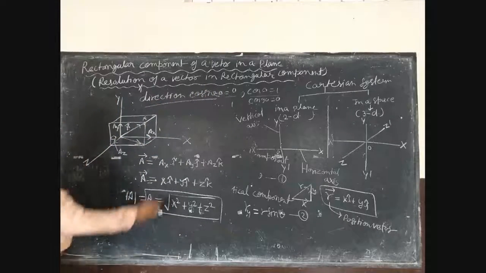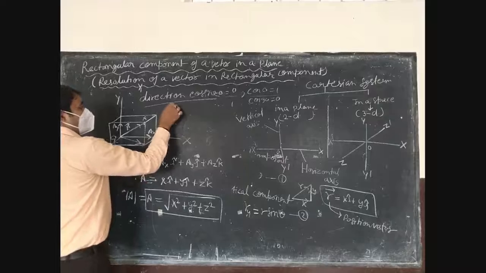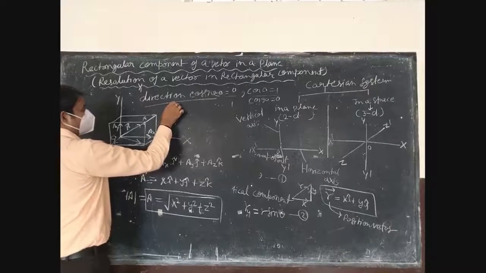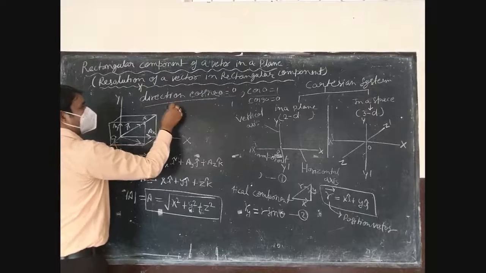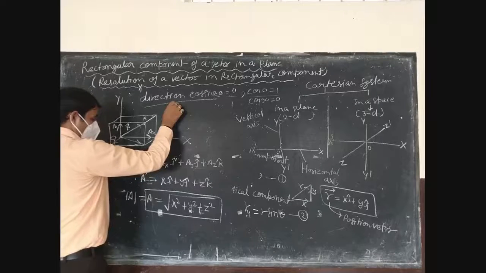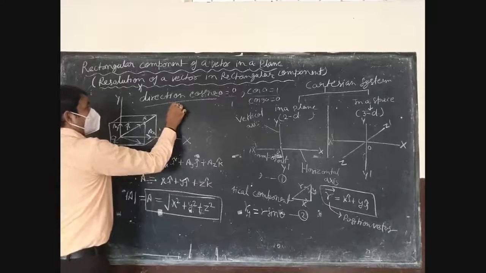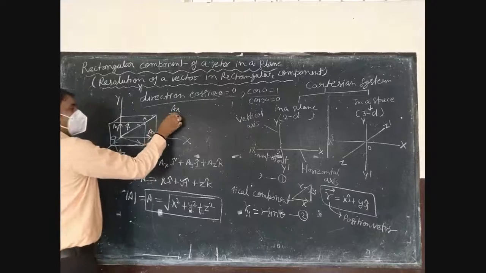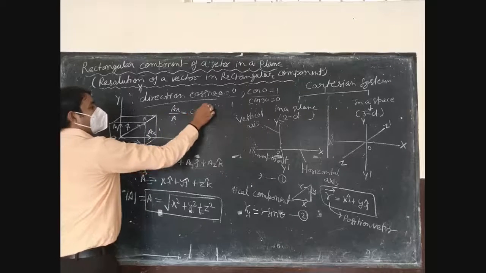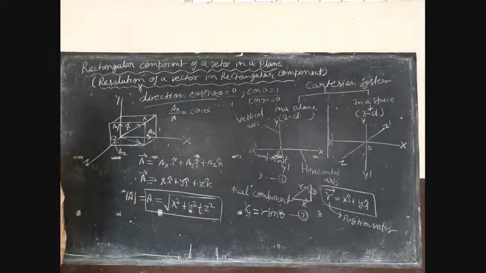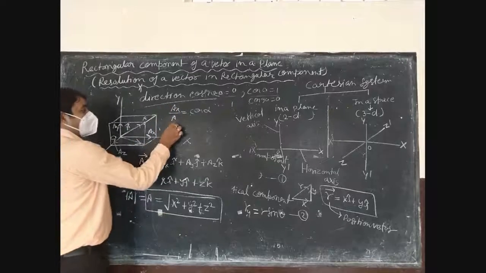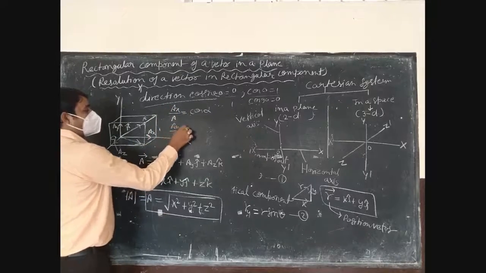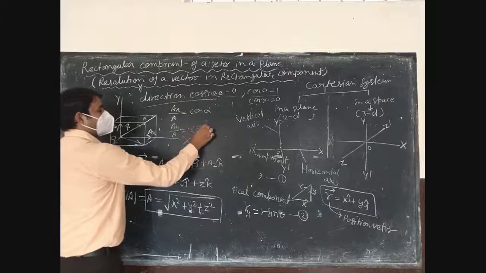Direction cosine is AX upon vector A is equal to cos alpha. AY upon vector A is equal to cos beta.